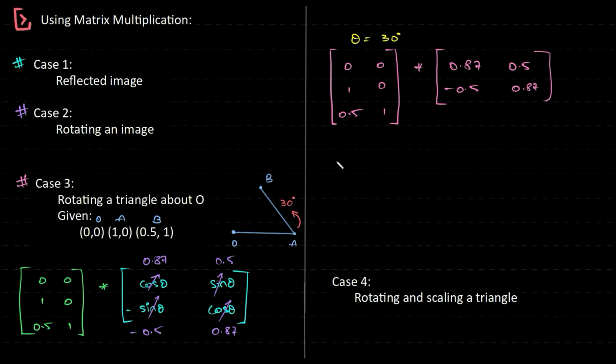So let's do the actual calculation. So what do we have? This is 3 by 2 and this is 2 by 2. So the resulting matrix will be 3 rows and 2 columns. Now, so we have the following data. This is C11, C12, C21, C22, C31, C32.